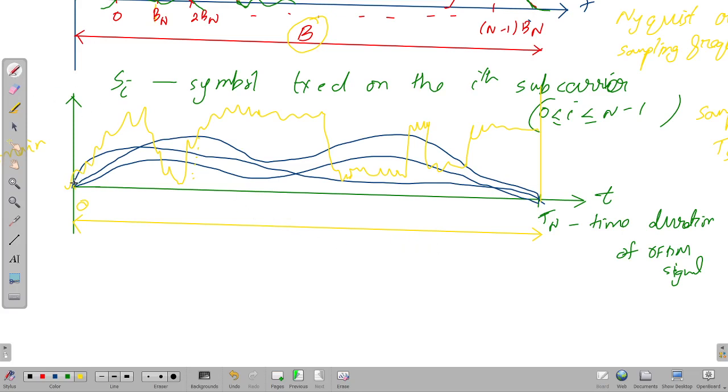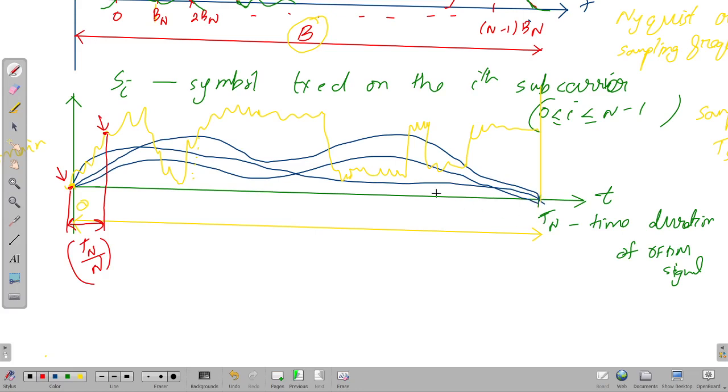So you have the 0th sample here. You have the first sample here, and that interval is Tn divided by n. Every Tn divided by n, you are going to sample this signal, and you are going to have n number of points, right?